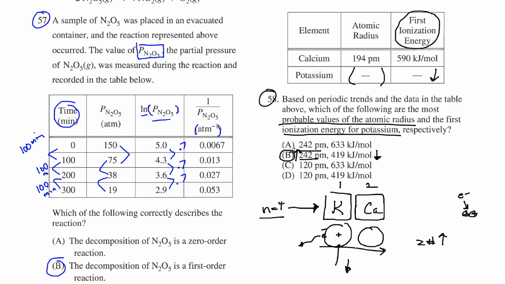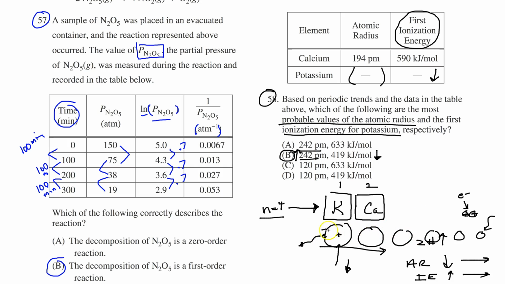Not going over the choices that make no sense. And anytime we go across, the radius gets smaller. That's why we eventually come up to nonmetals who are so good at what? Absorbing and taking electrons, and these to the left are giving them up. So it's a trend you should know. Atomic radii decrease going across, and also the ionization energy increases as you go across because of that, and the opposite as you go across the other way.